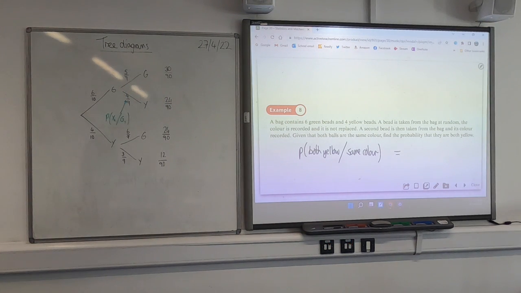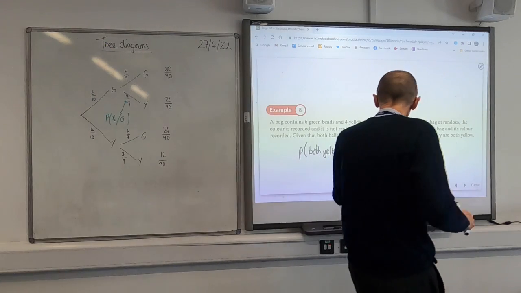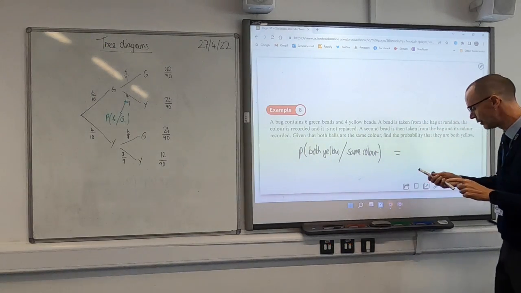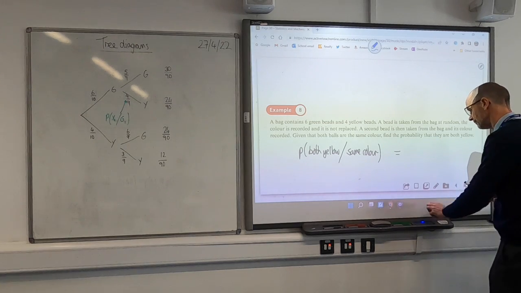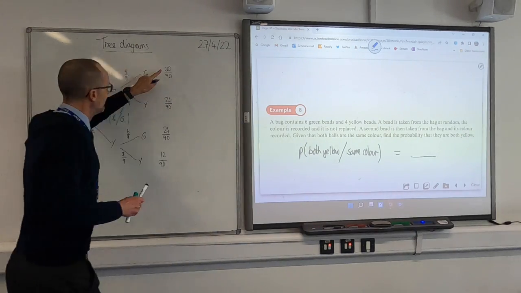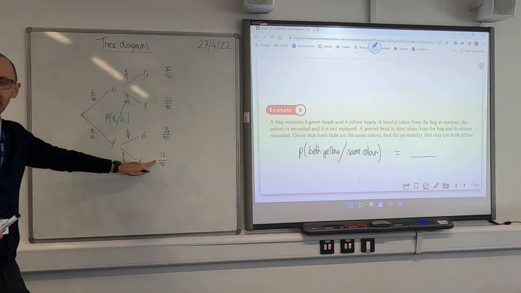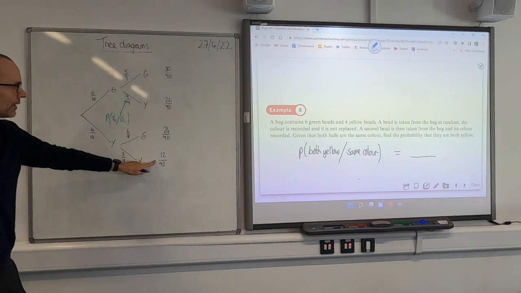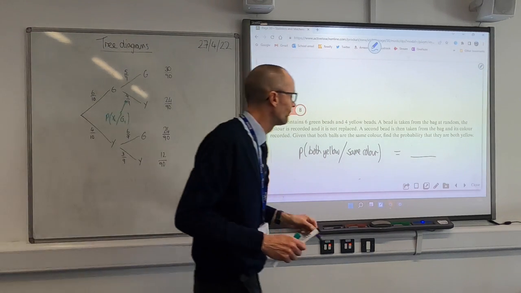Because it reminds me about the whole numerator-denominator thing. So my denominator is going to be, what's the probability that the two balls have the same colour? And that's this added to this. 42 out of 90.